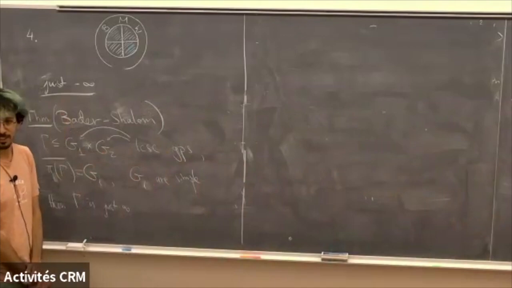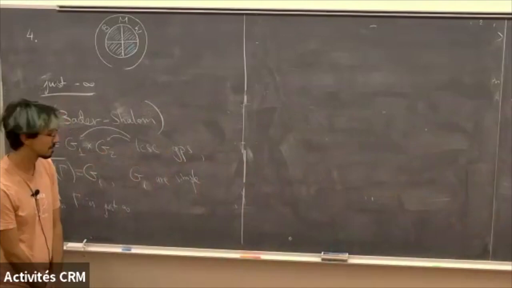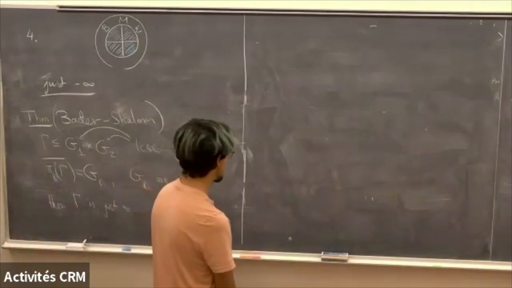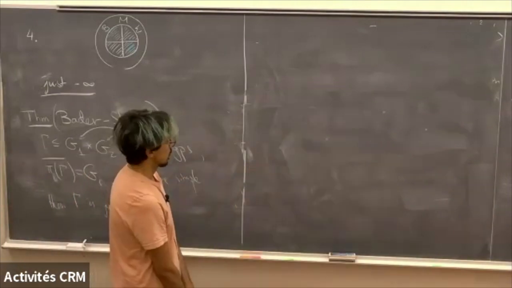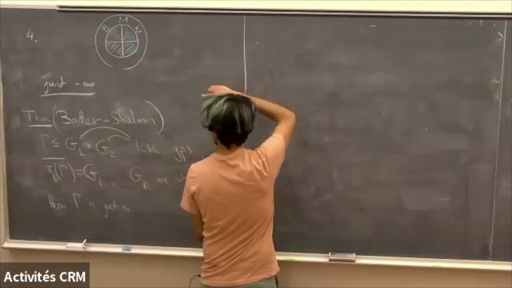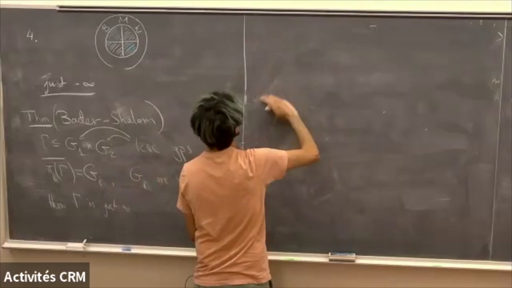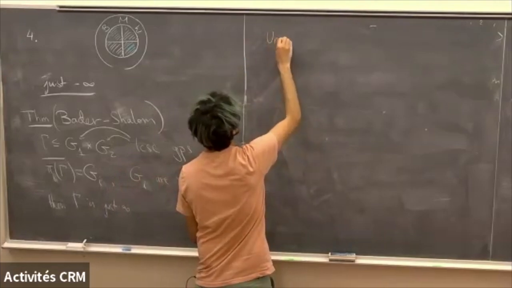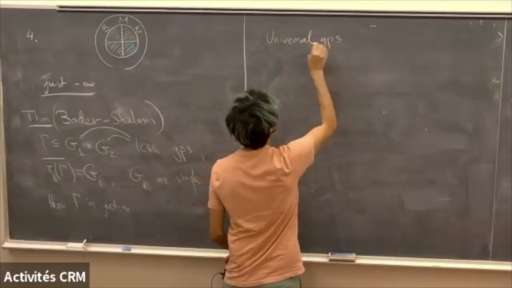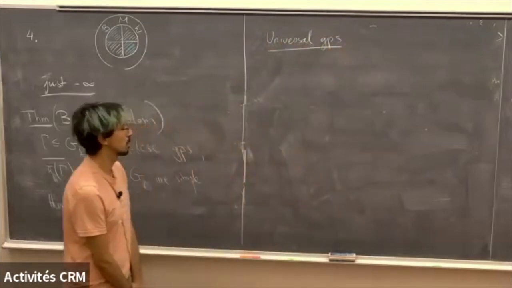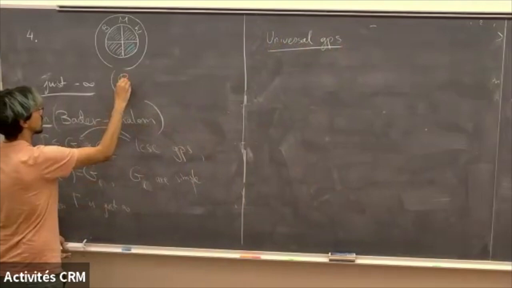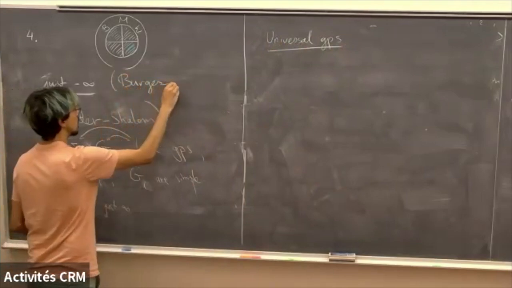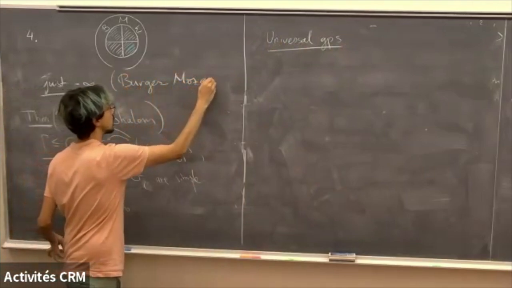So they can have quotients, but really, the G_i's that will appear in the construction are what's called universal groups. This is something defined by Burger and Mozes. Maybe I should have said this whole part is in the work of Burger and Mozes.